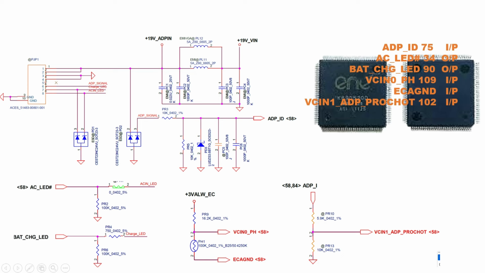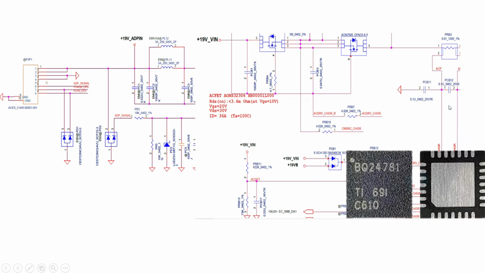Next, it's a ground, and here the protection information goes as input to the IO. So next, the battery section will receive this information. What is that? See, the 19 volts from the DC jack, we will get 19V in, that goes to the charging IC, and it will be active.